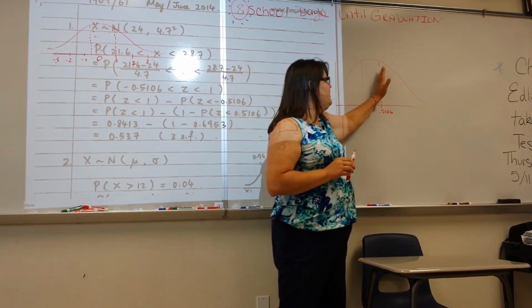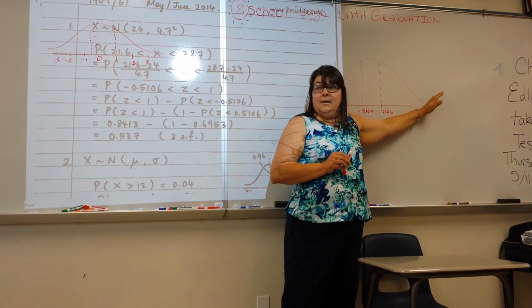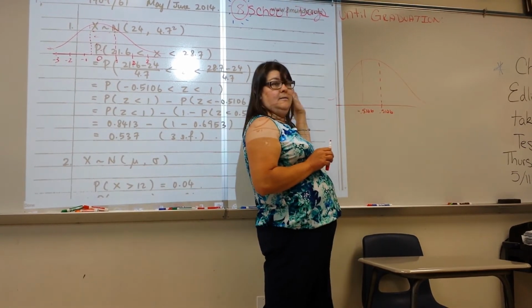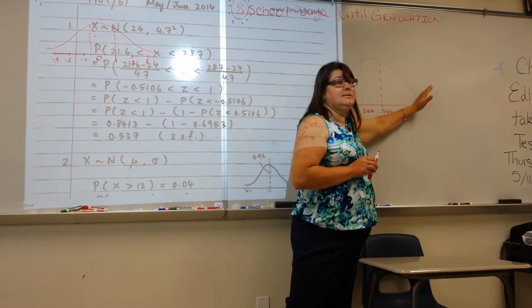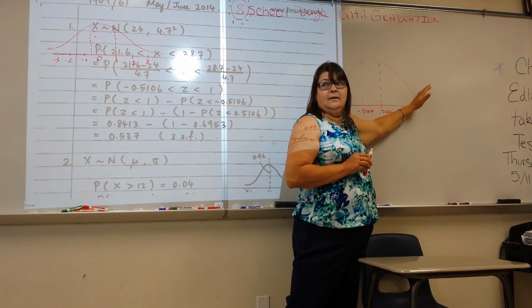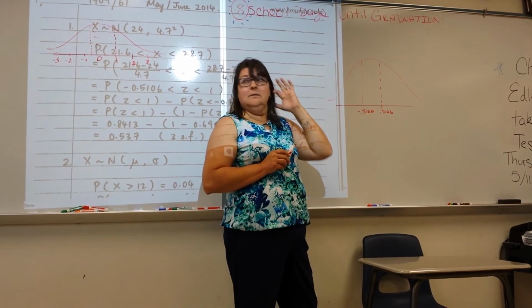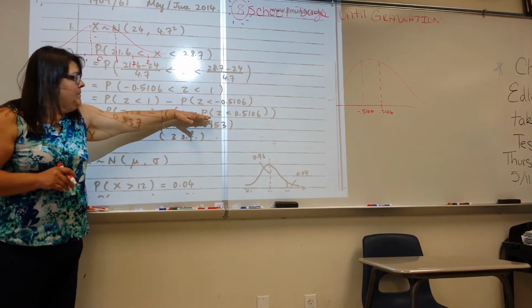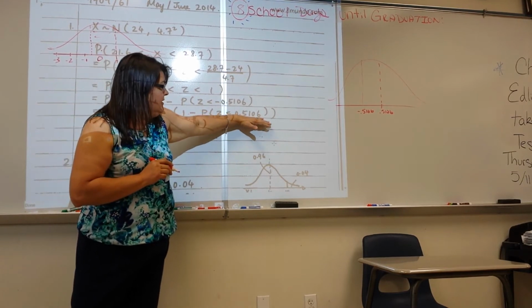Literally, you're trying to find this to the tail, because they are the same. So if I find 100%, one whole, minus this to the tail, what do I have left? The other side, right? So that's what's happening here. So I have 1 minus the probability z is less than 0.5106.